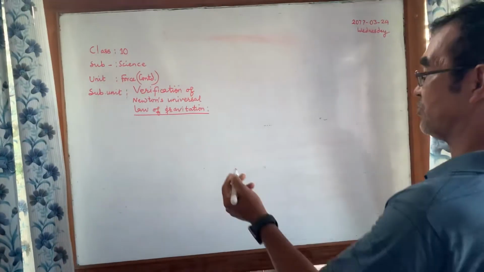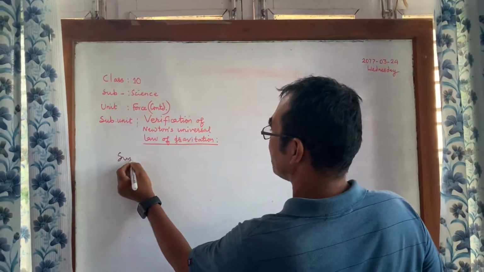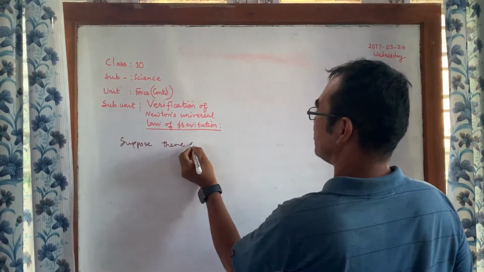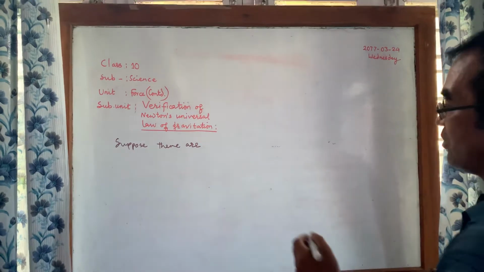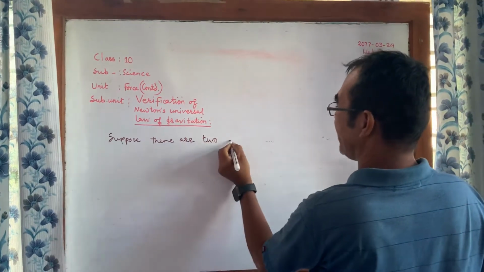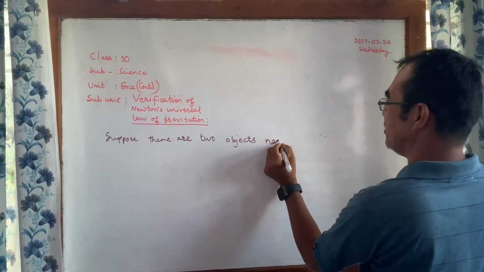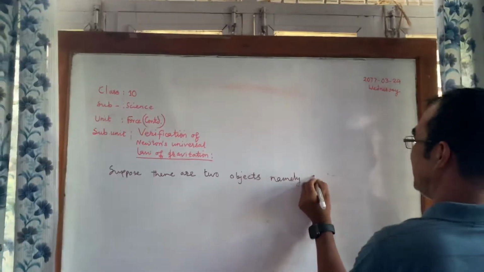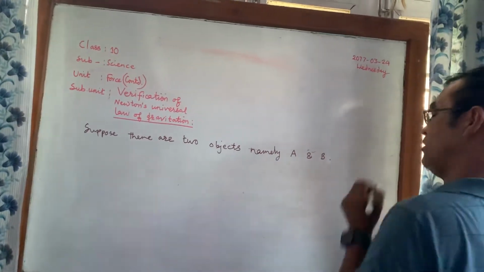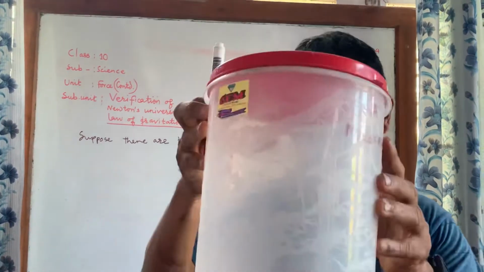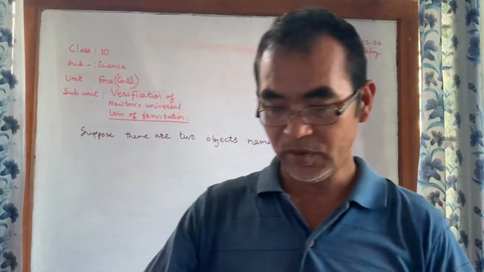Suppose there are two objects, namely A and B. Suppose this is object A, this is object B, two objects.